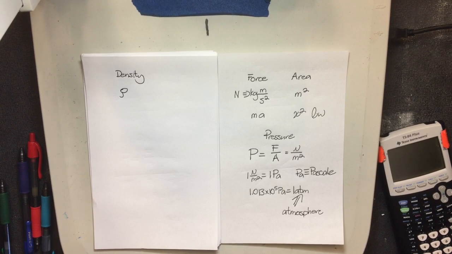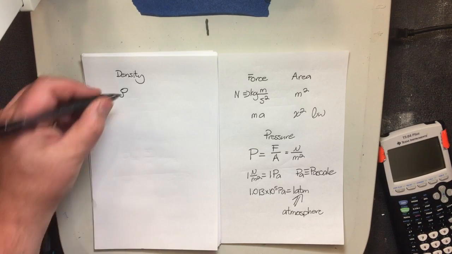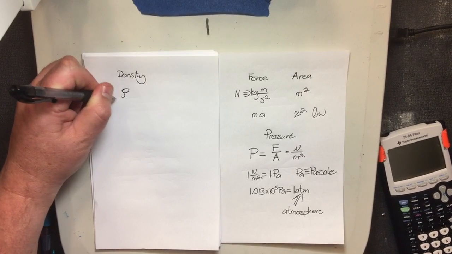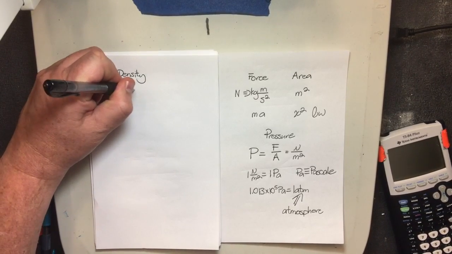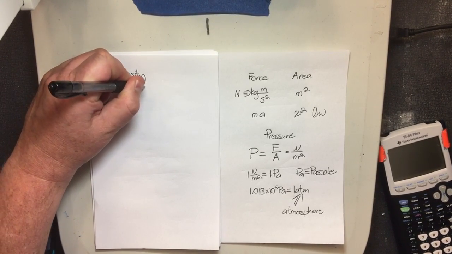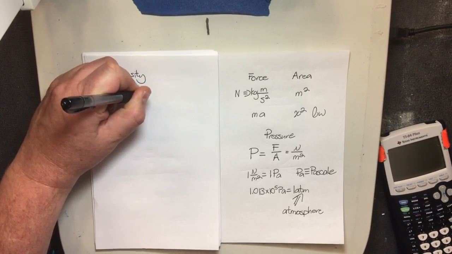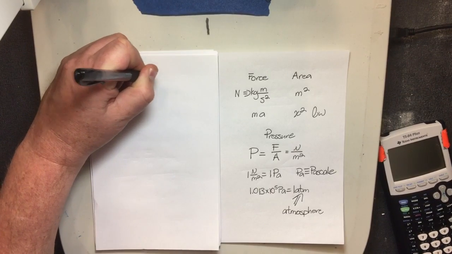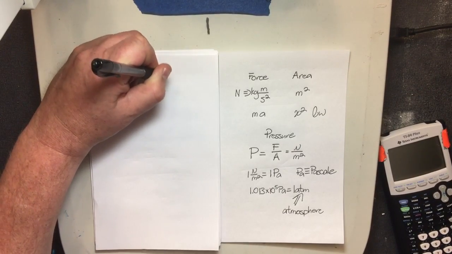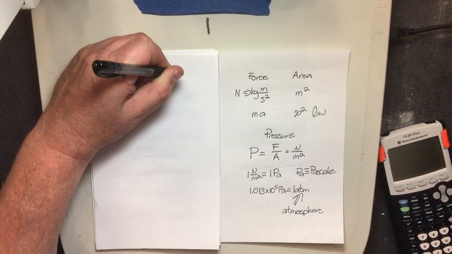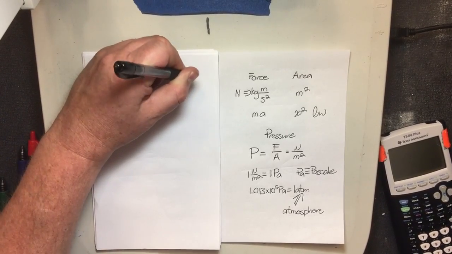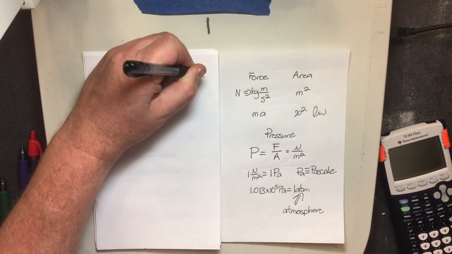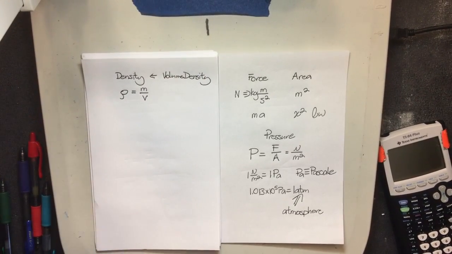Rho, you could think of it as a Greek R, a little bit like a little P, but with a little squiggly at the end. And this is mass over volume. Density, volume density is the common word for volume density.